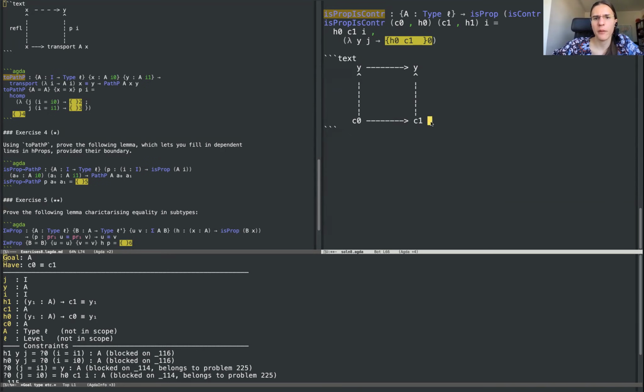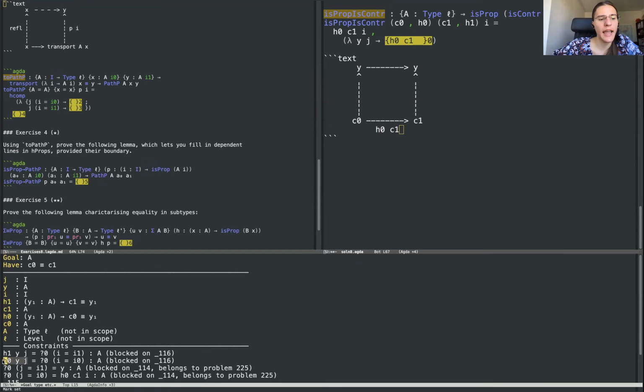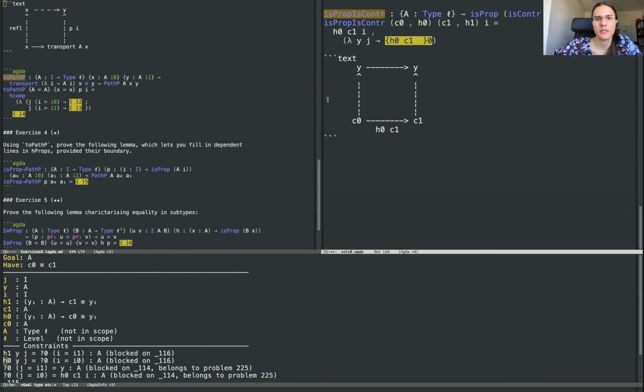And this path at the bottom should be H naught of C1. Right? Now, what do I want at the sides? When I is I naught, I want the path H naught Y of J.